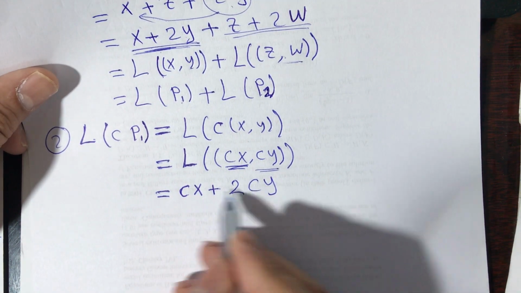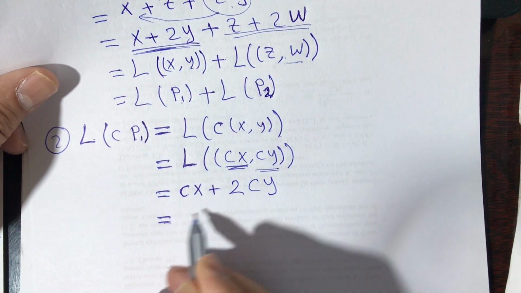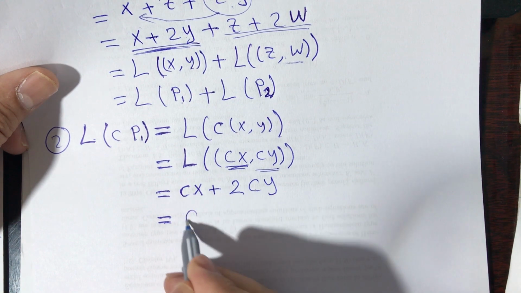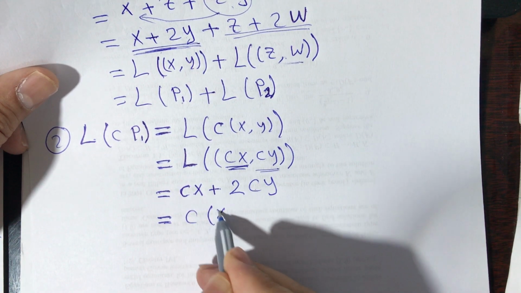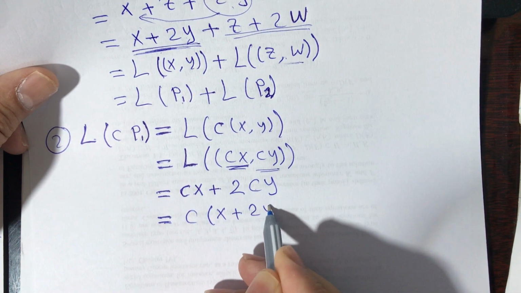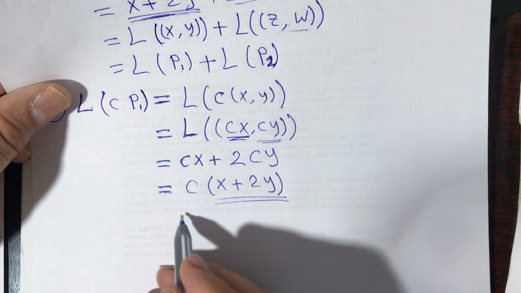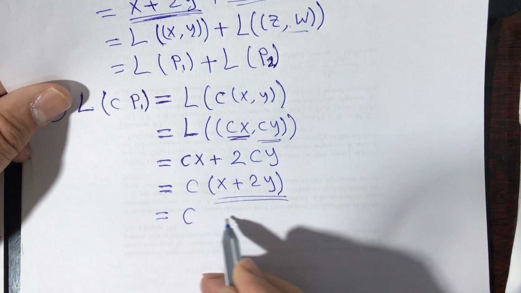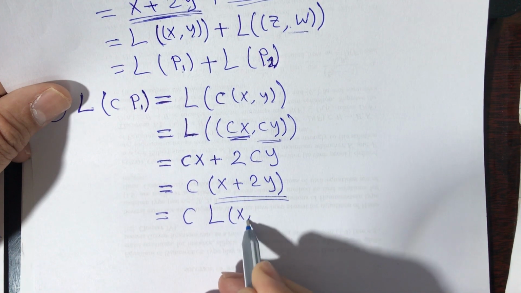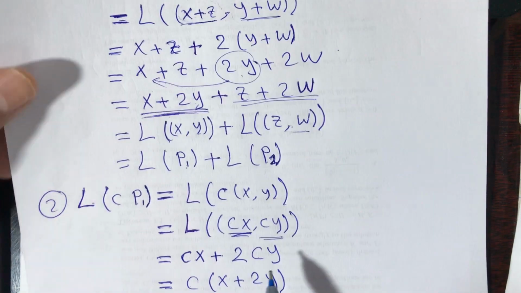And now we can move C out from here and here. C times x plus 2y. And this is equal to C times L of x, y by definition.